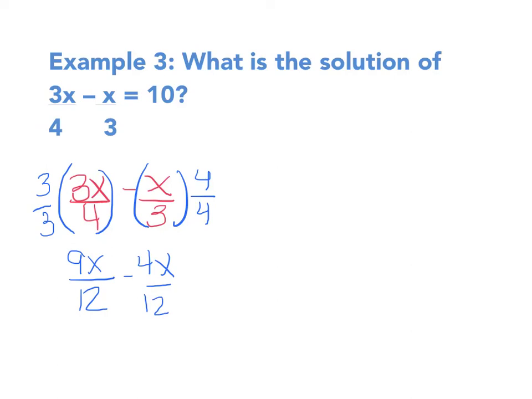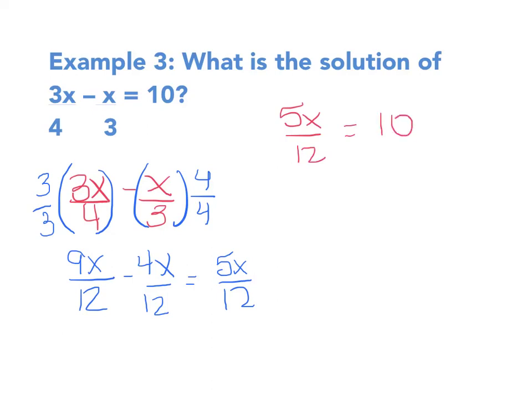So now we have 9x minus 4x over 12. And I just combine my numerators to be 5x over 12. So that's what this side of the equation is simplified to, 5x over 12. So I'm going to rewrite our problem as 5x over 12 equals 10.